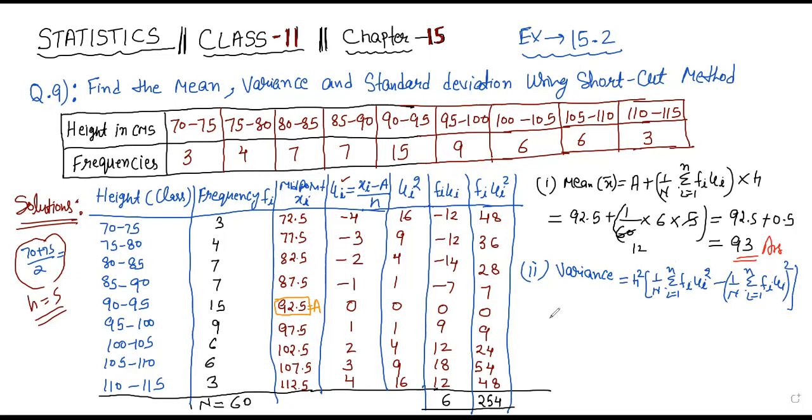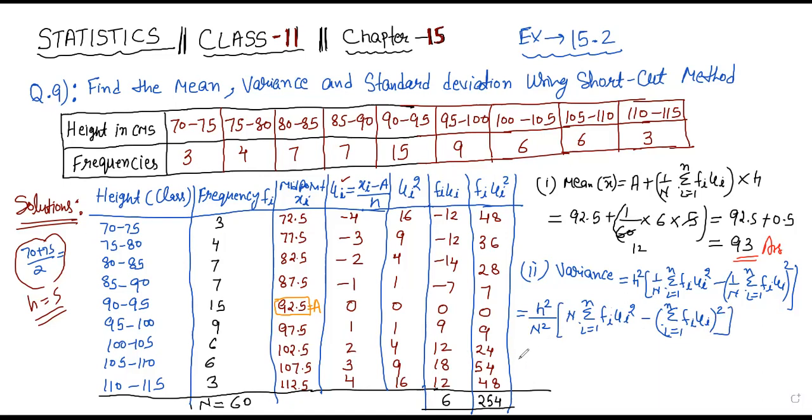Taking n square common from the denominator, you get the new formula: n summation fi ui square minus summation fi ui whole square. Look carefully at this solution.